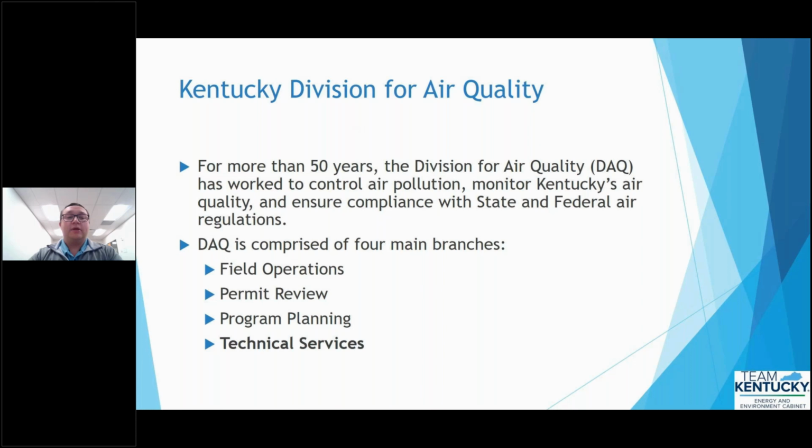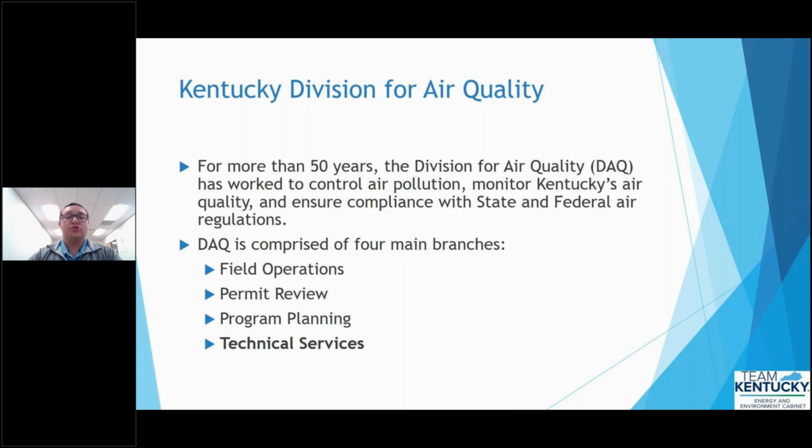They also operate the equipment at our ambient air monitoring sites, and then they respond to air quality complaints made by the public. The Permit Review branch reviews applications from sources that require permits to discharge pollutants into the ambient air, and they also issue those permits that include all significant emission points and the conditions that have to be met for them.